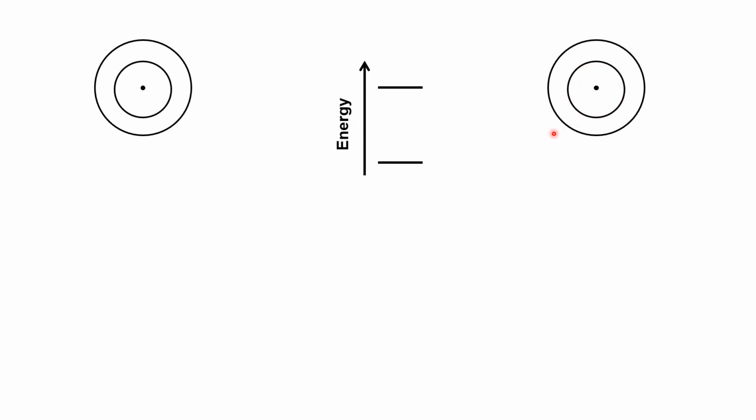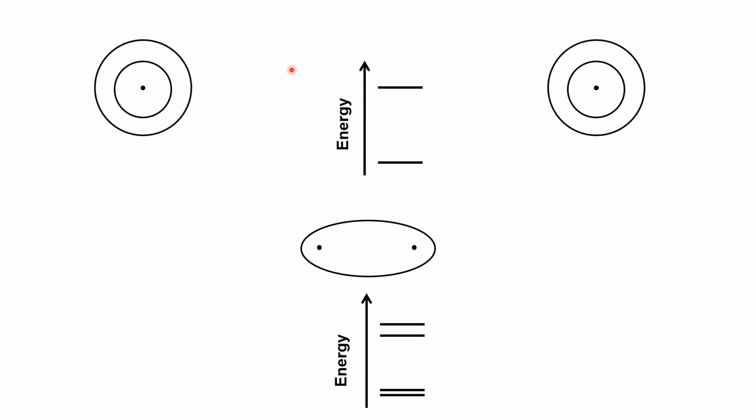Since the atoms are identical, these orbitals have the same energy. So the two lines are overlapping each other. And the same idea applies here. We have two lines overlapping each other. So we have four orbitals in this system formed by the two atoms when they are sufficiently apart so that one does not interact with the other.